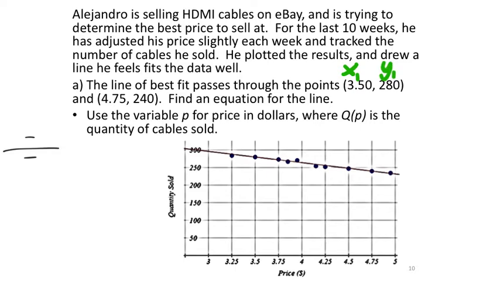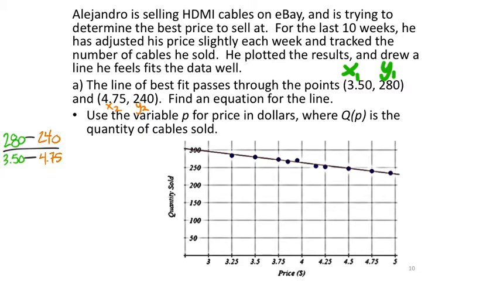So the x value is 3.5. You can put 0 there if you'd like. And then the y value, 280. And then we're going to subtract the second ordered pair, which we'll say is x2, y2. So the x value, 4.75, that's in the denominator. And then the y value is 240 in the numerator.